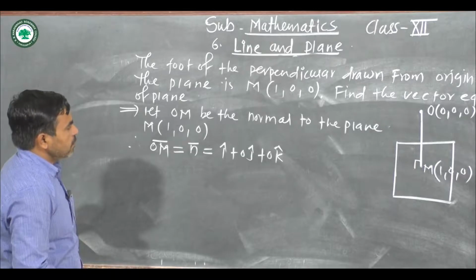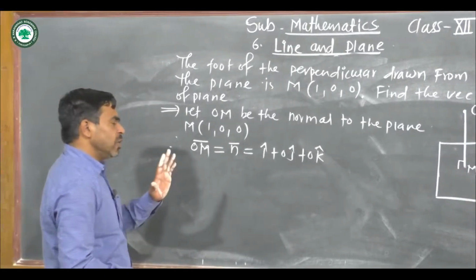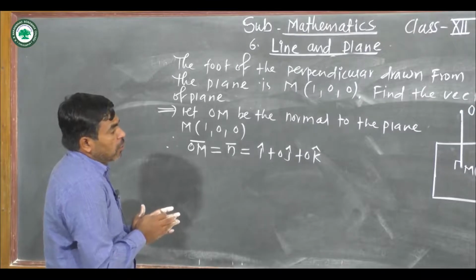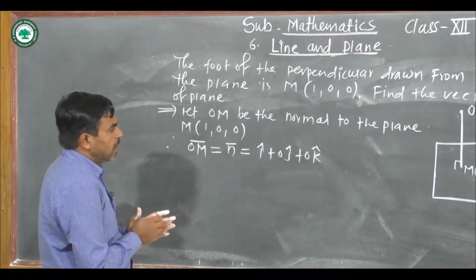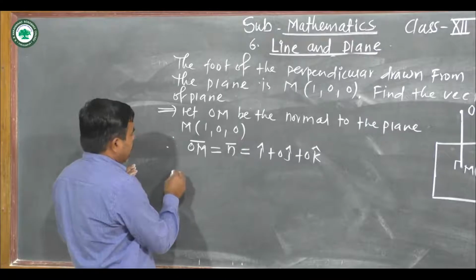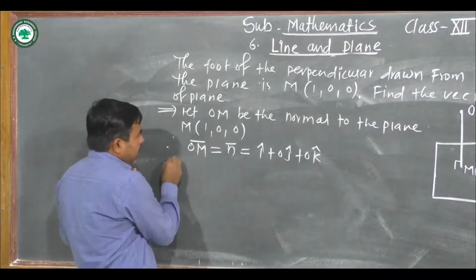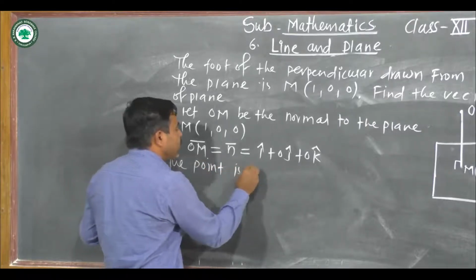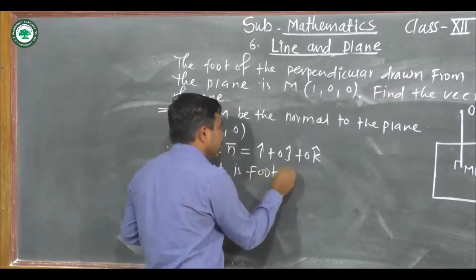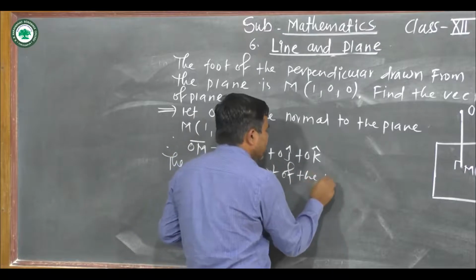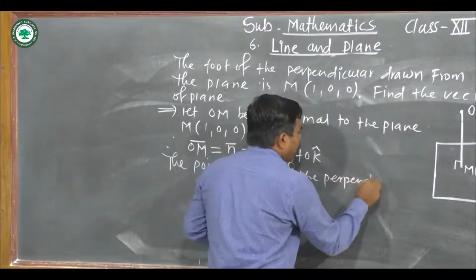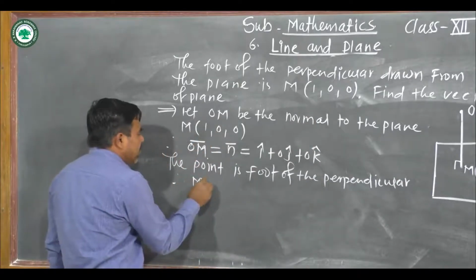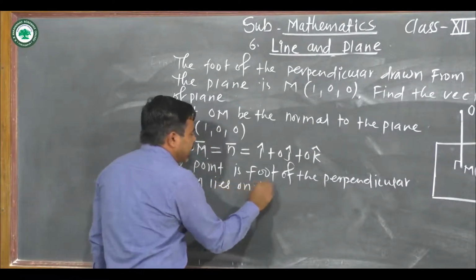Now the point M lies on the plane, so the point M has position vector, therefore the point M is foot of the perpendicular, so therefore M lies on the plane.